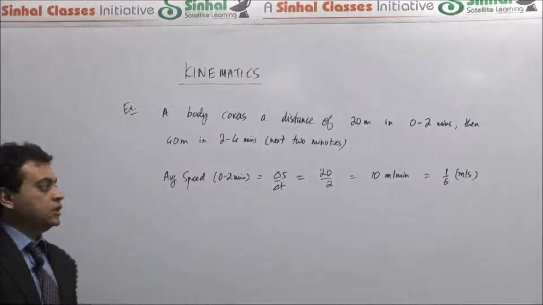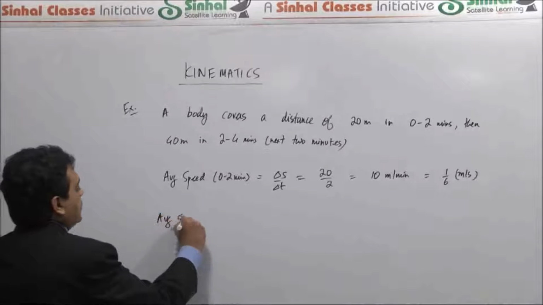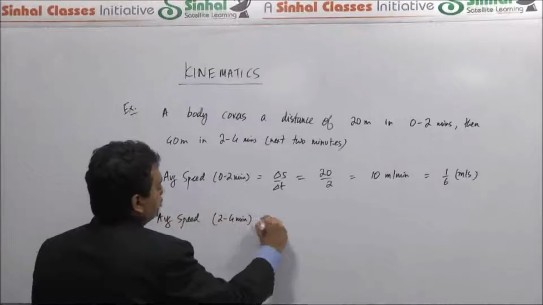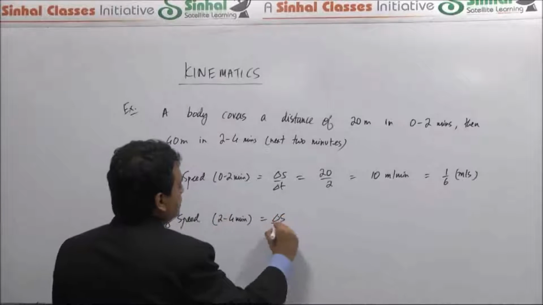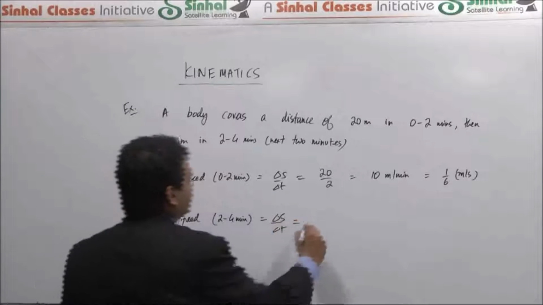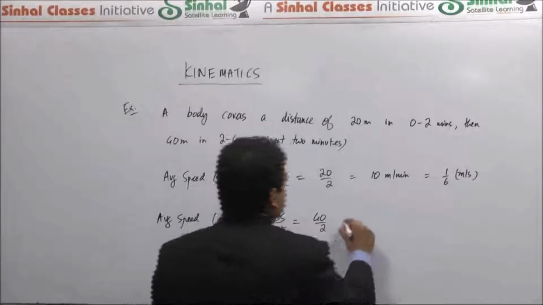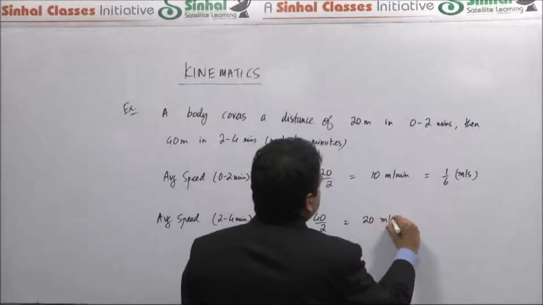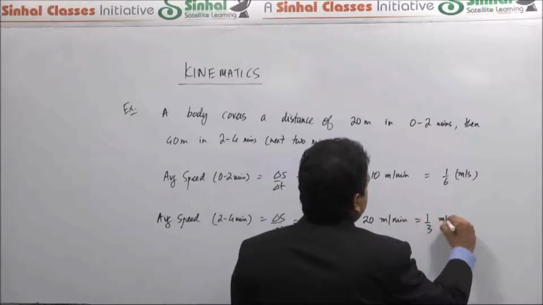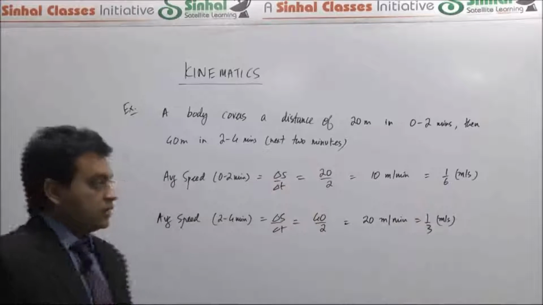Similarly, for the average speed from 2 to 4 minutes, that would be the distance traveled in these 2 minutes divided by that interval of time of 2 minutes. From 2 to 4 minutes, it's traveling a distance of 40 meters in an interval of 2 minutes. So it's double of this. As you can see, it's 20 meters per minute, or 1/3 of a meter per second. So that is the second part.